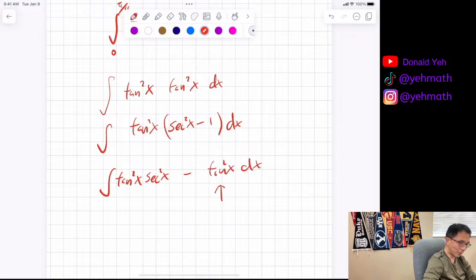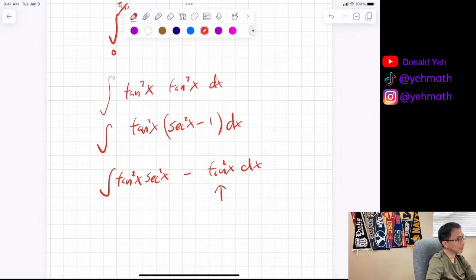Now this one's kind of tricky because what is the integration of tangent square? It's not on the trig integral, but it's indirectly on that.